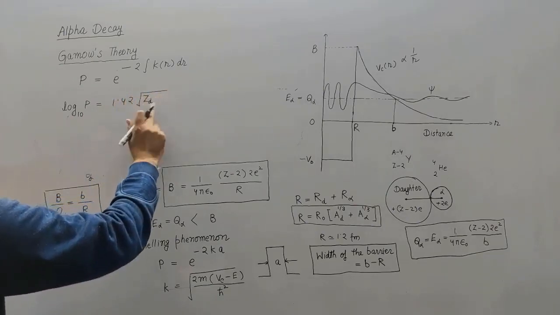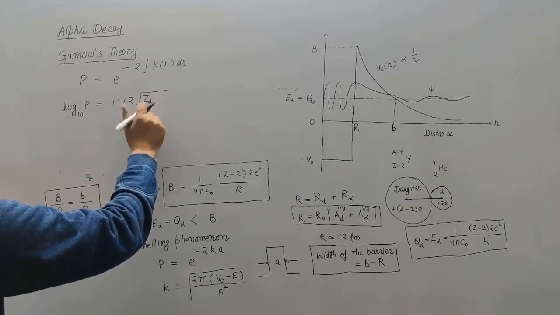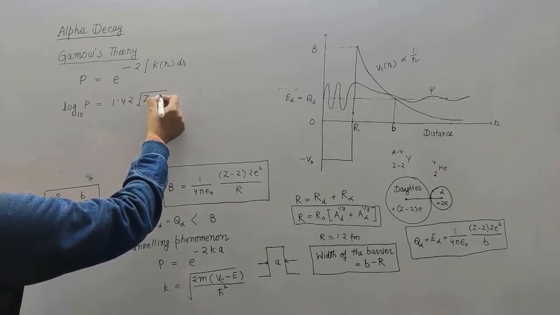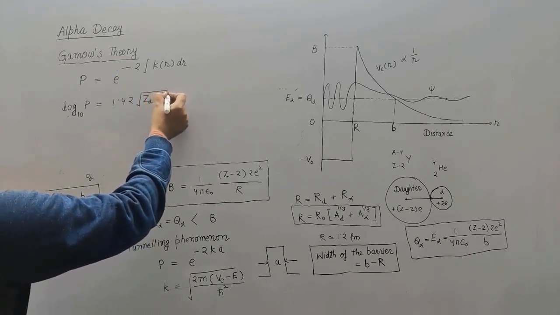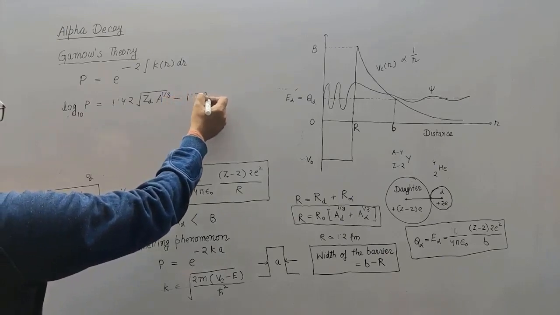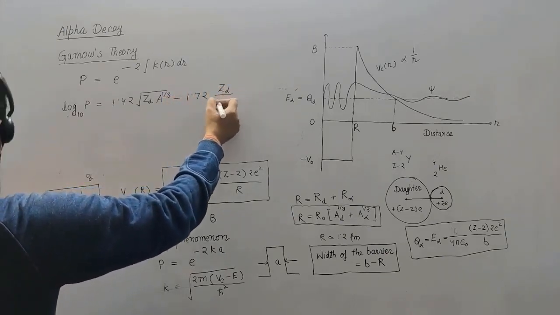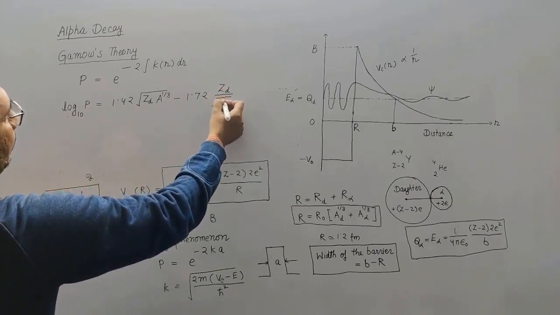ZD is Z minus 2. This is the Z number of daughter nuclei. A to the power 1 by 3 minus 1.72 ZD divided by square root of Q alpha.